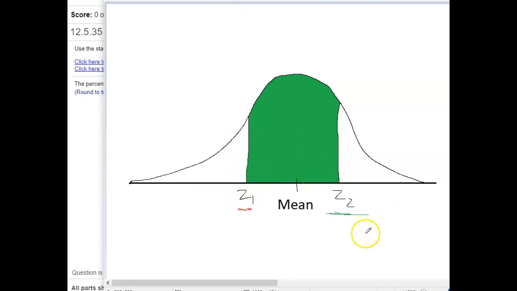So we're going to look up the larger z value first, and we'll get everything to the left of it. And then we're going to look up the smaller z value and subtract away that amount from our first result, and we'll be left with what's in between.